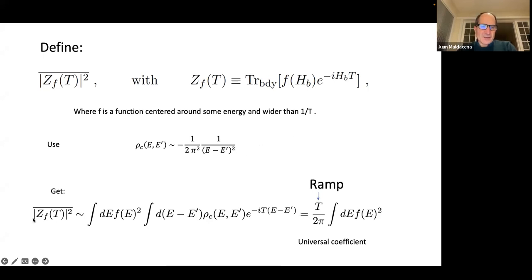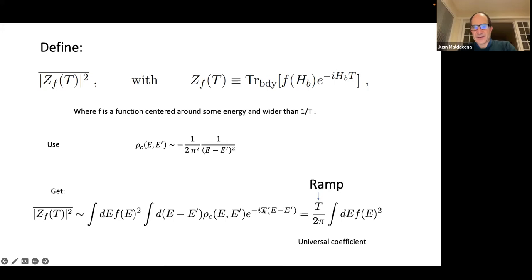So when we do that, we are computing this average. Then we will have an integral over two energies, E and E prime. And there will be two of these window functions, one evaluated at E, one evaluated at E prime. We're going to approximate that as being the same energy E. And then we'll also have an integral over the difference of energies, and that will be multiplied by this phase.